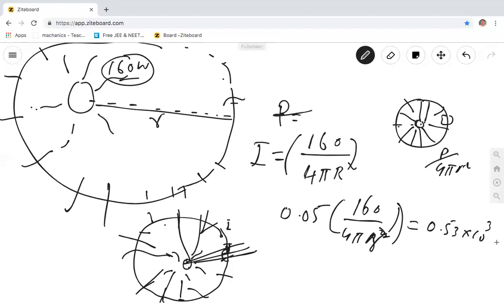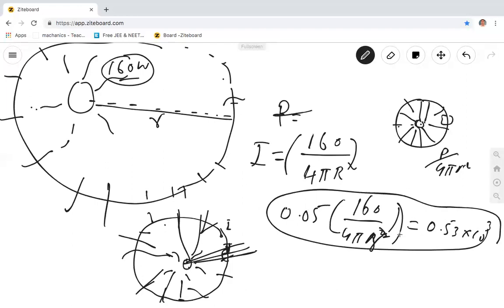You will get the answer for r. He says at what distance the power will be the same as that which you got in the earlier concept. But here the energy is only 5% of what it emits from here. So you have 0.05, that's 5%. So if I use this equation, I will get the answer.